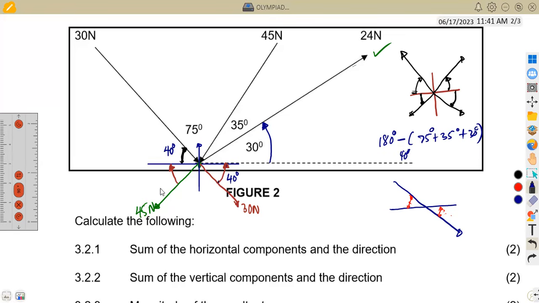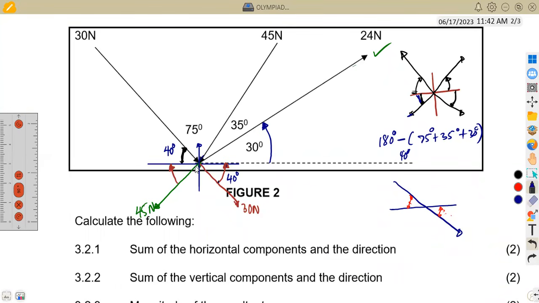Then we also ask ourselves, what about the angle between the 45 Newton and the horizontal line? Just like this concept, the force and the horizontal line, what is the angle between? Which concept are we going to use in this case? If we check, we extended this line from the 45 Newton.